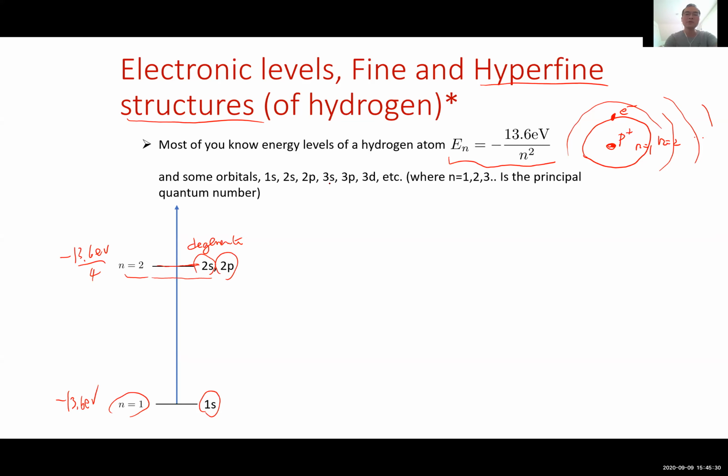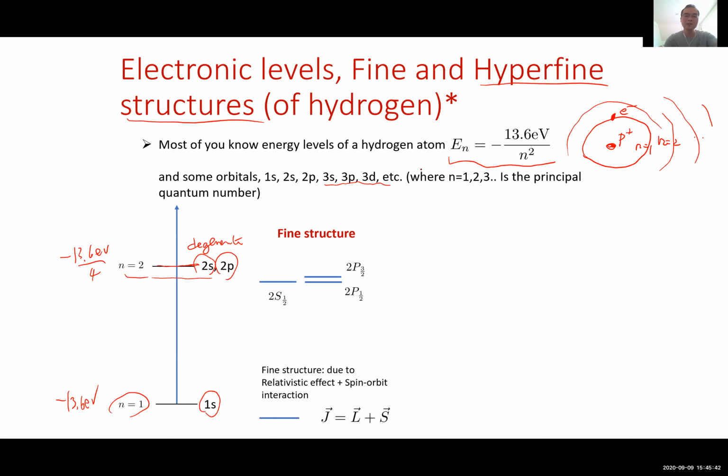Do you have more levels? You could also have 3s, 3p, 3d, etc. n is called the principal quantum number. But in fact, if you consider relativistic effects, because in that case the kinetic energy is not p squared over 2m, relativistically it's not, so you need to take that into account.